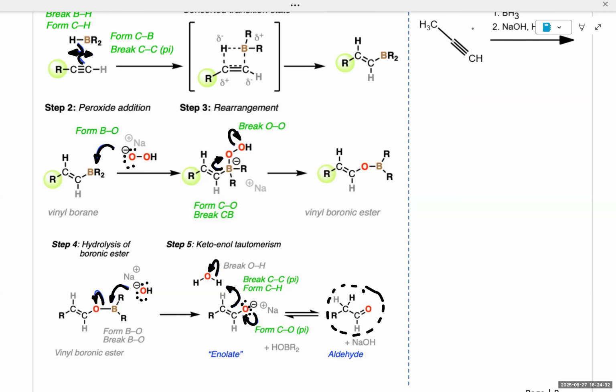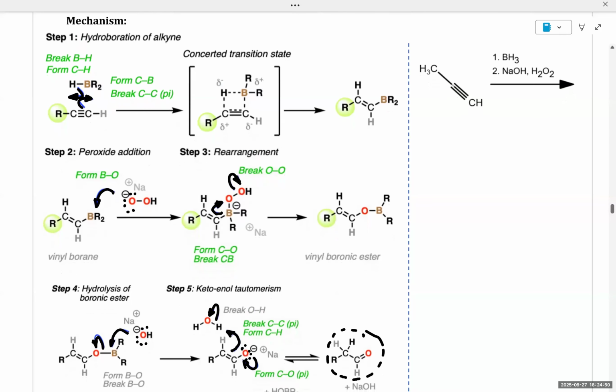So as you can see, we've in net installed a carbonyl group at the least substituted position. Hydroboration-oxidation of alkynes is a wonderful way to prepare aldehydes efficiently.